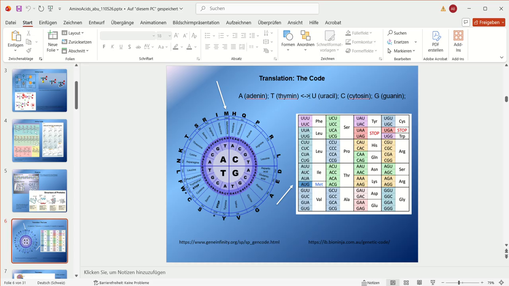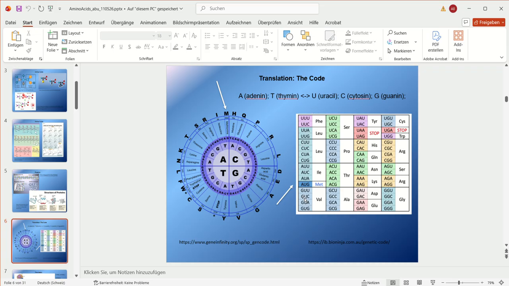But that doesn't have to bother us, because they mean the same thing. They are translated directly from thymine into uracil, actually transcripted, not translated. I'm not talking about DNA a lot, because this is not what we need for the further videos and the further discussion of life in space. The RNA world is much more important. I'm going to show you that in a bit.